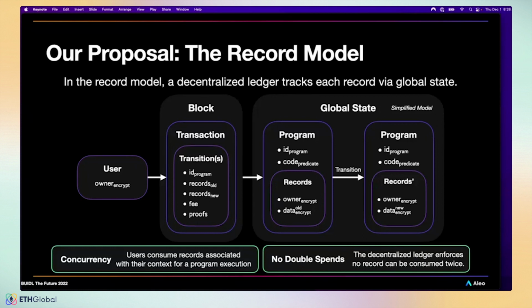The way you do this is by revealing consumed record serial numbers after you accept every transaction. This is a high-level overview of this construction, and there are some more technical details. One great resource for this is the Zexe paper, and I really recommend, if anyone's interested, to check that out.